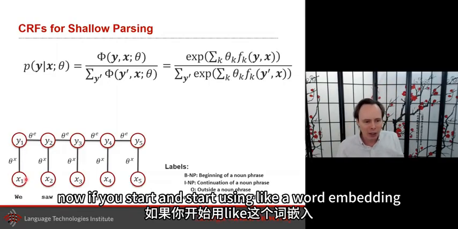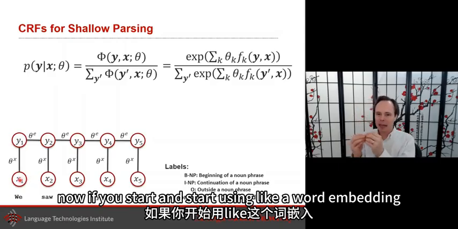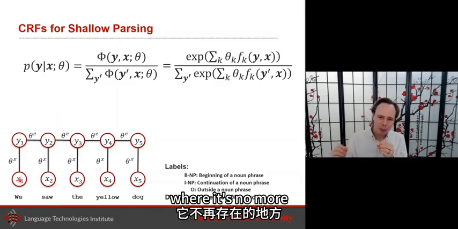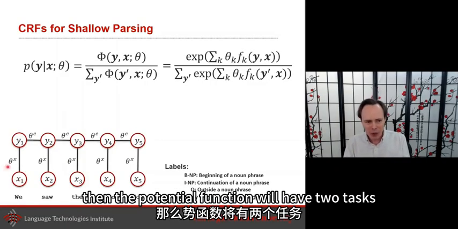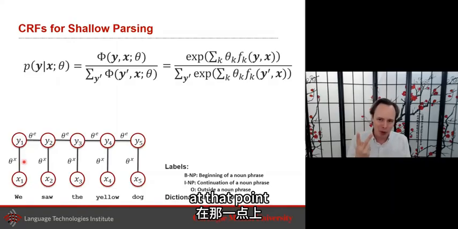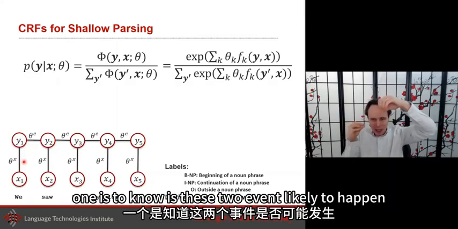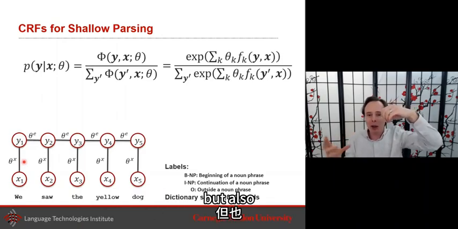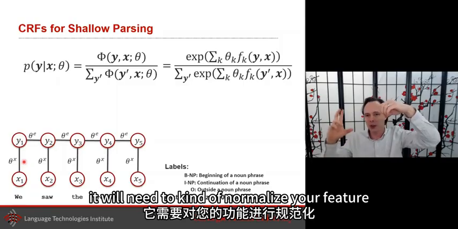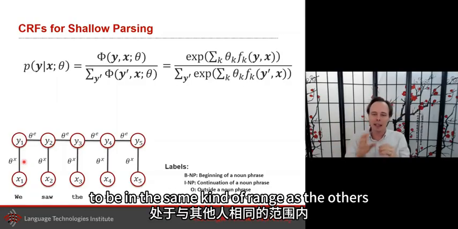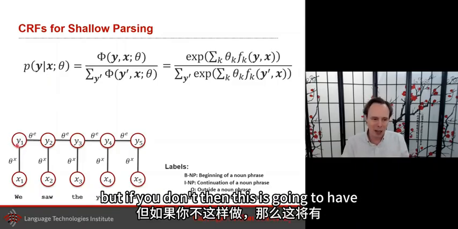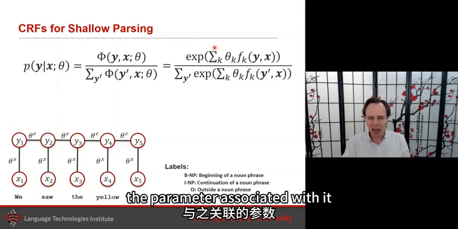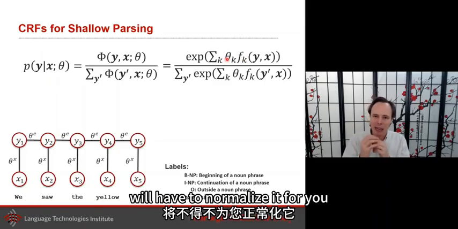Now, if you start using a word embedding where it's no more just 0 and 1 but a continuous value, then the potential function will have two tasks. One is to know whether these two events are likely to happen, but it will also need to normalize your feature to be in the same kind of range as the others. You could do it yourself and help the model, but if you don't, then the parameter associated with it will have to normalize it for you.